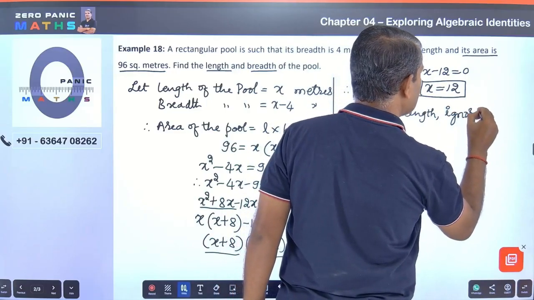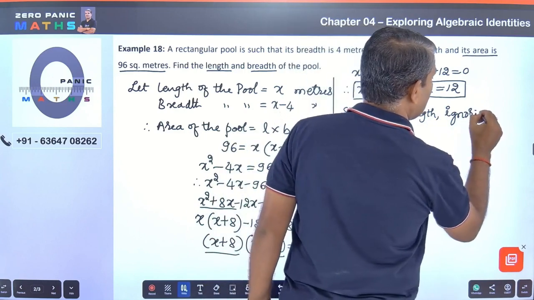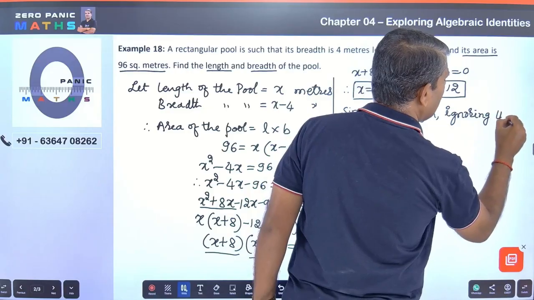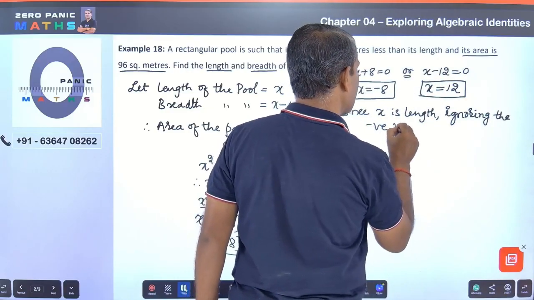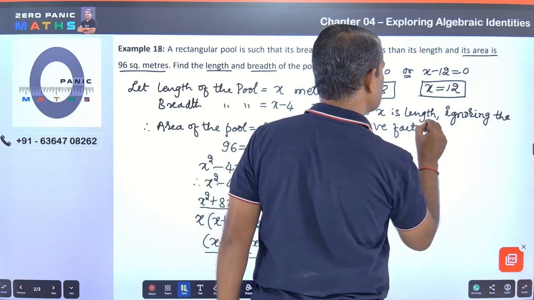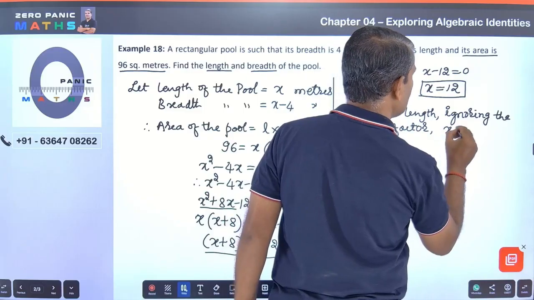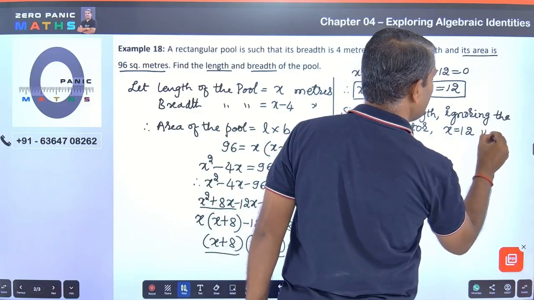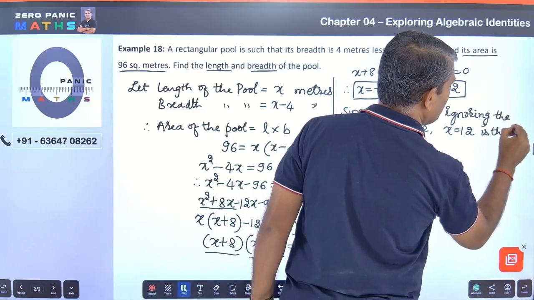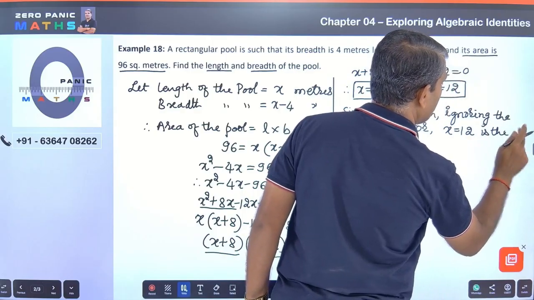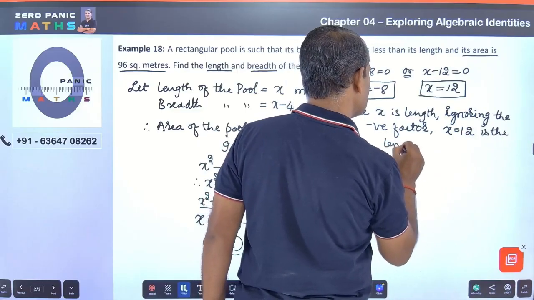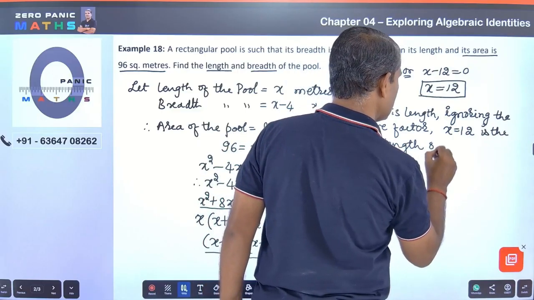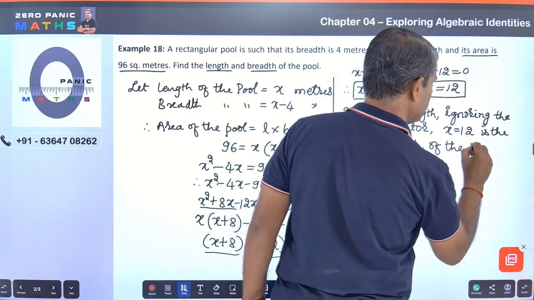So since x is length, ignoring the negative factor or value, x is equal to 12 is the length you can consider. Or finally you can write x is equal to 12 is the length of the pool.